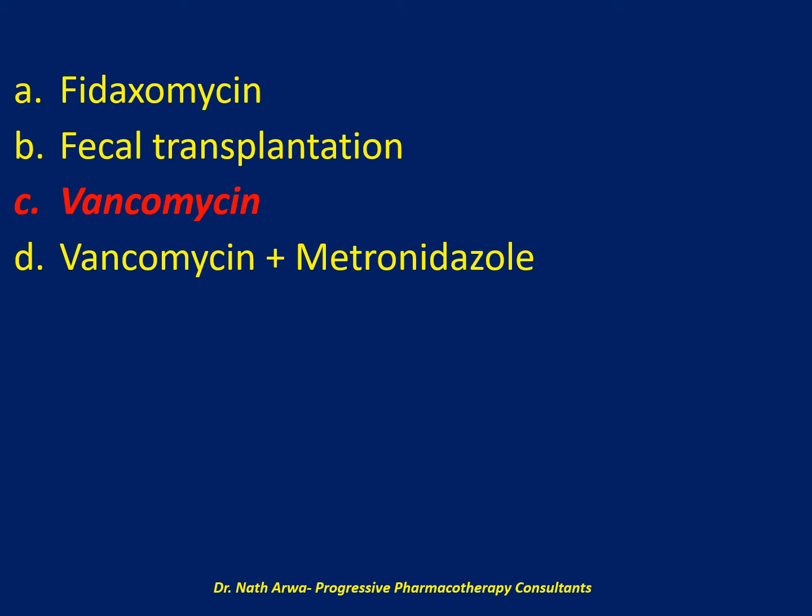And if oral vancomycin was used initially, it should be used in this recurrence. Then after 10 days of treatment, the dosing should be tapered each week for 5 more weeks. And if fidaxomicin were to be used, it would be used for 10 days without taper.